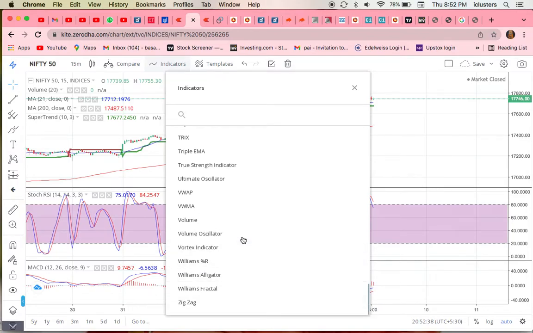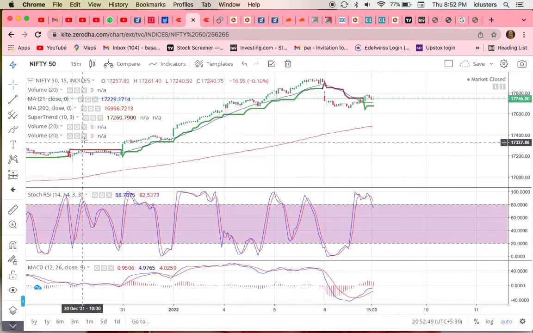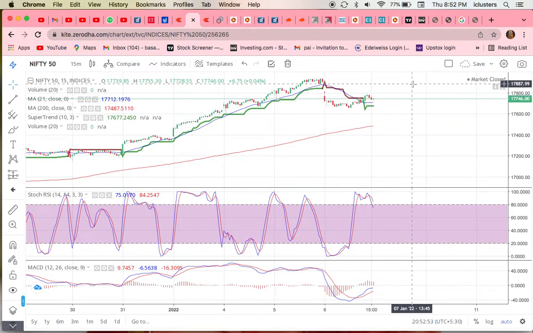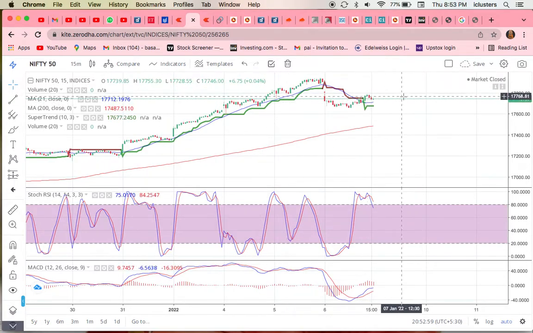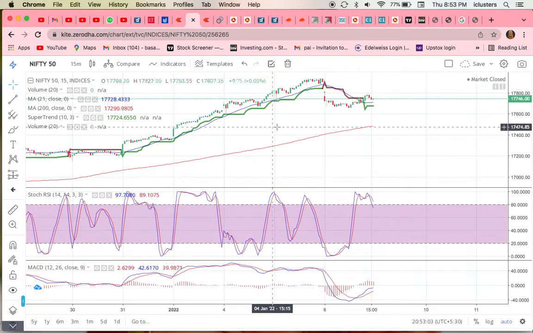Yes, another indicator is volume. Volume is very important. Without volume we can't trade. Volume will indicate how many transactions happened within a particular time, how many buying and how many selling. That is very important. Without volume we don't do anything. It's market closing hours, so we can't find the volume here now.